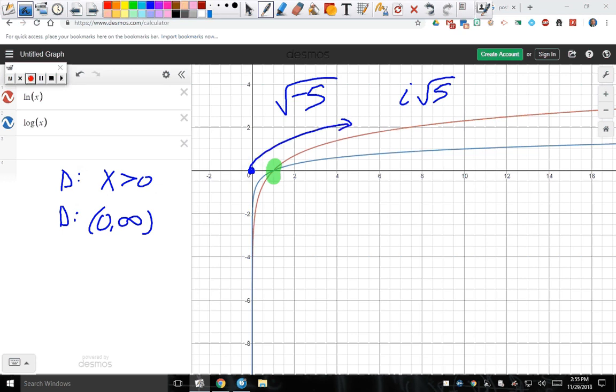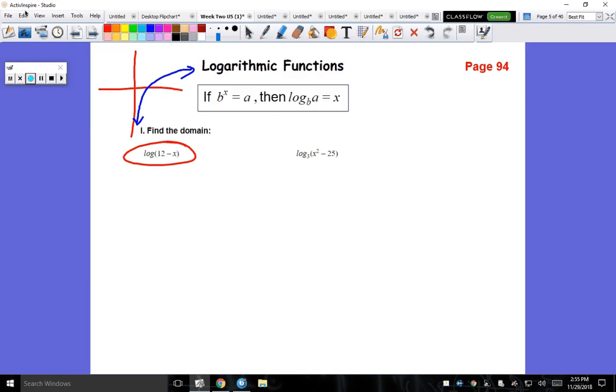We draw it to the right because it's only positive numbers and zero. Is 0 allowed to be a number in natural log or log? No, it can only be positive. So when I'm looking at domains, these pieces right here can only be what? Positive.